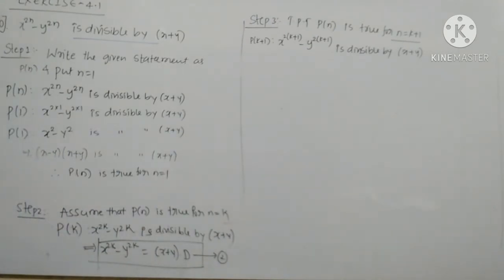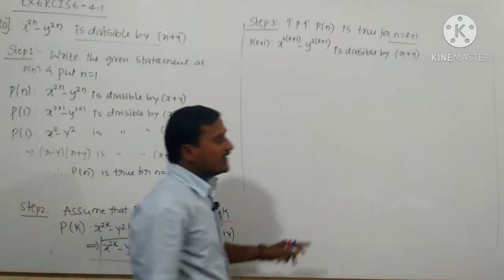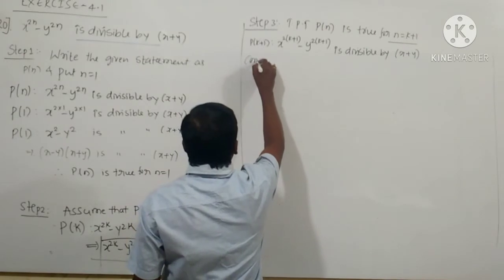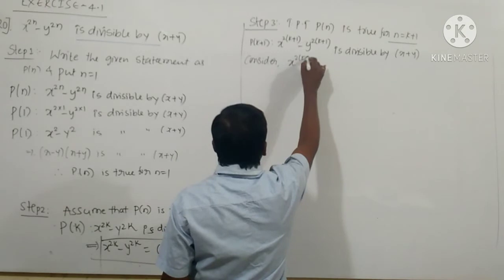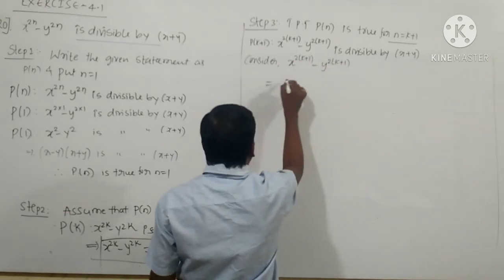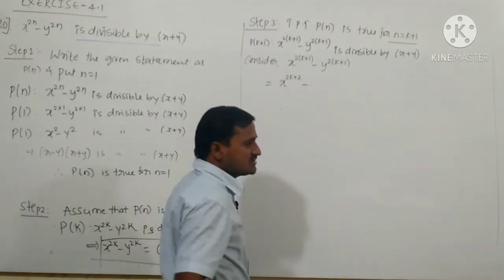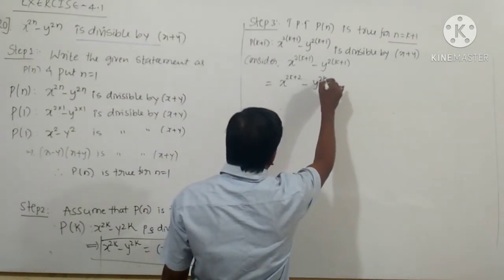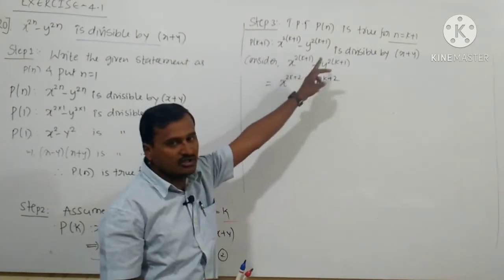For that, here I will consider x to the power 2k plus 1 minus y to the power 2k plus 1. So we will write like this: x to the power 2k plus 2 minus again y to the power 2k plus 2. Okay, just here I have multiplied this 2 in the bracket.